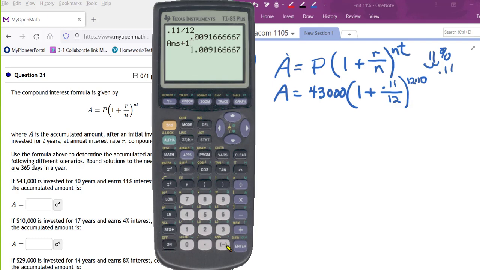All right, that's the answer to the parentheses. Okay. Now I'm going to raise it to the power. And this involves some math. You can do it in your head, but sometimes they'll get harder. So we'll go ahead and do it on the calculator. Use parentheses. So 12 times 10. Close your parentheses. Hit enter. Right. Now go back and multiply times your 43,000.